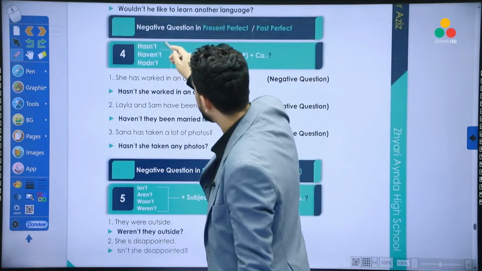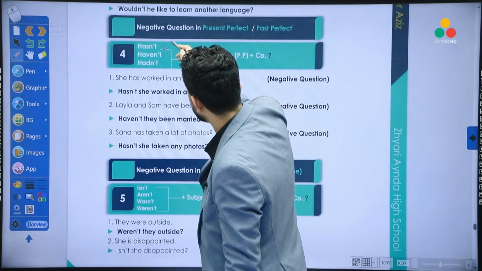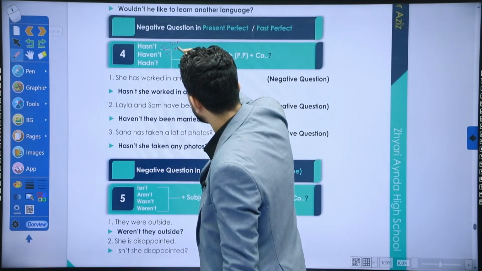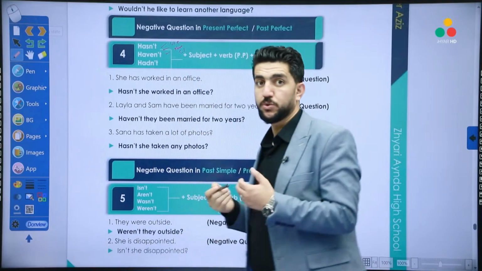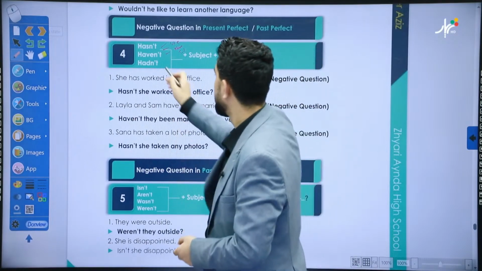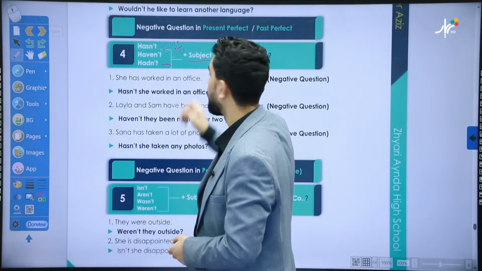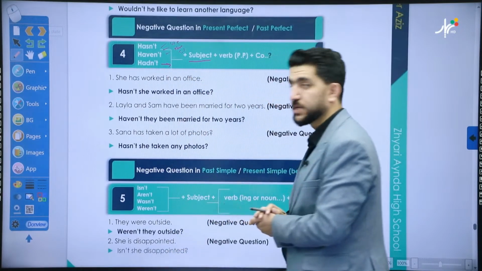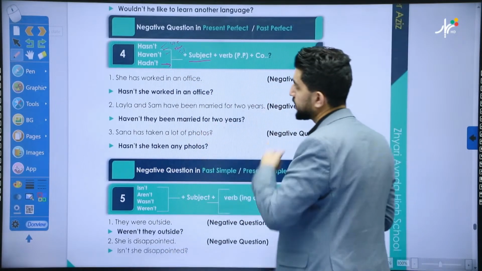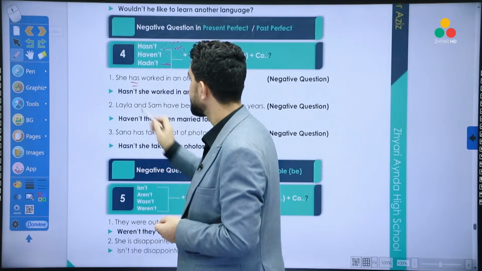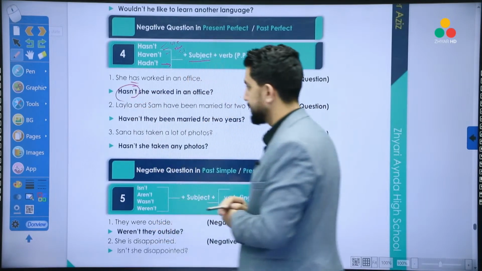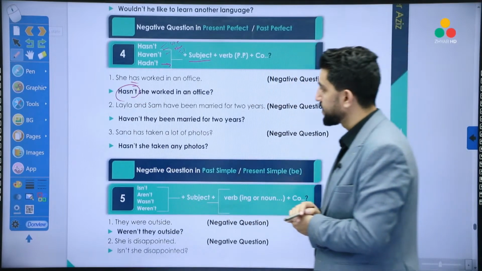Hasn't when we have he, she, it, right? Or singular nouns. Haven't, I, we, you, they, or plural nouns. And hadn't could be used for all the subject pronouns. She has worked in London. She has worked in London. So hasn't she, okay? Hasn't she worked in London?